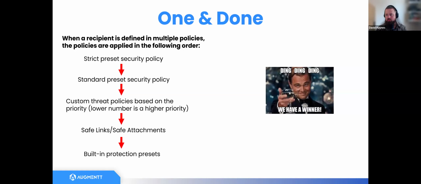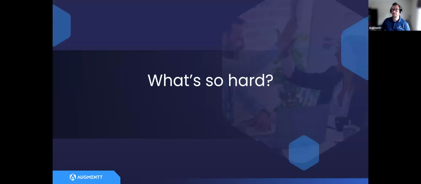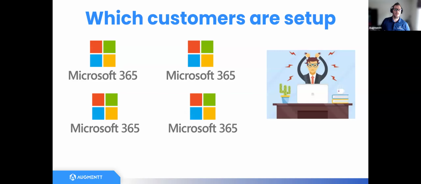So staying on top of it during the original design is important. And of course, banging the typical MSP drum. I think you guys know this, but why is it so hard? Obviously, you have to figure out the set of policies you want to use. As far as we can see, most people want to at least add some custom policies, and aren't necessarily just setting everyone to either a strict or standard preset.